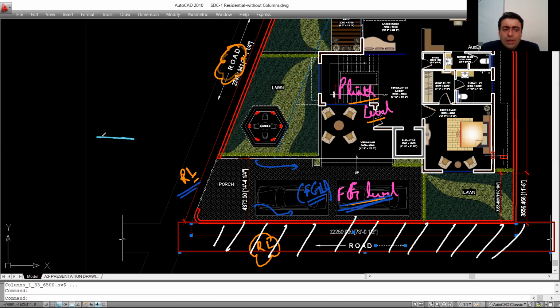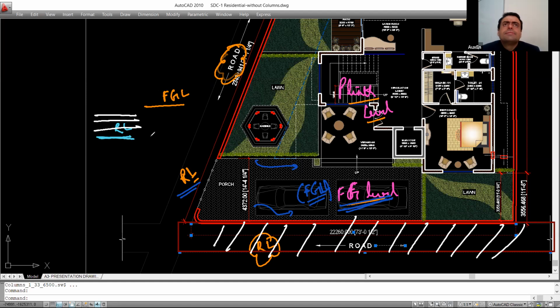Whatever is your road level, you will try to maintain from the very beginning some gap or level difference between your FGL and road level, so that even when roads are constructed and their level goes on increasing, still your FGL remains above the road level.